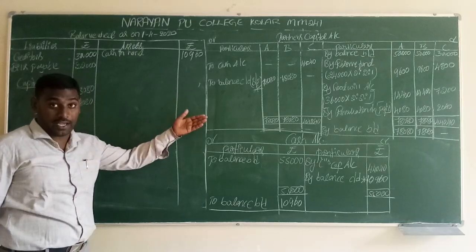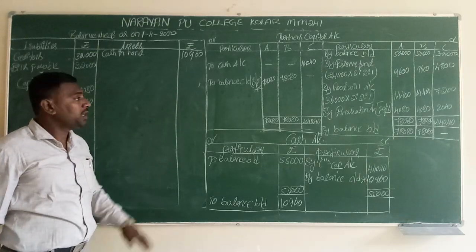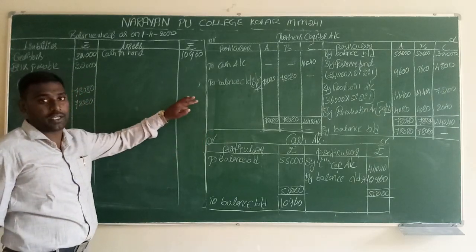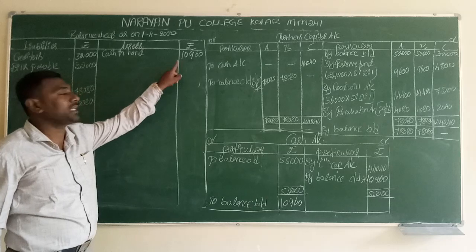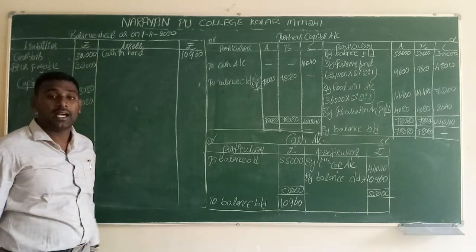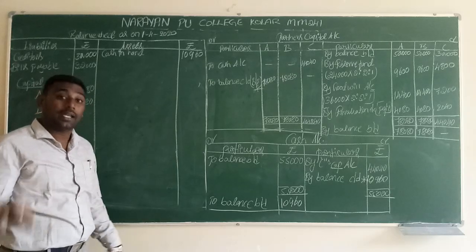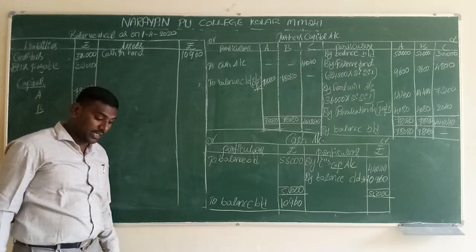Out of the previous 55,000, we settled Mr. C by paying cash. So after payment to C, the cash balance is 10,960 rupees.